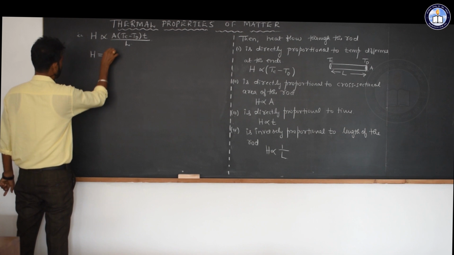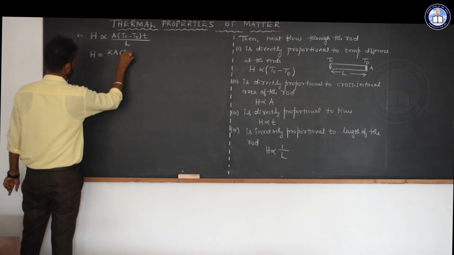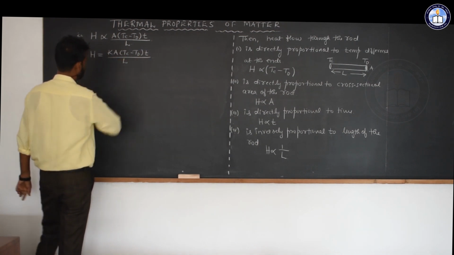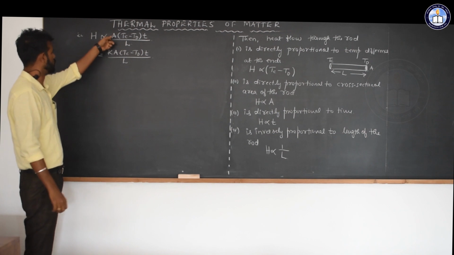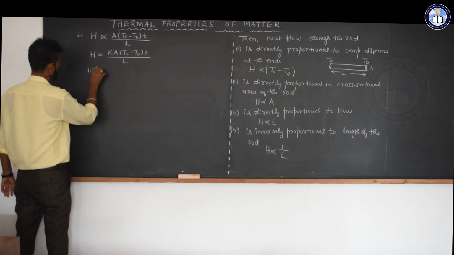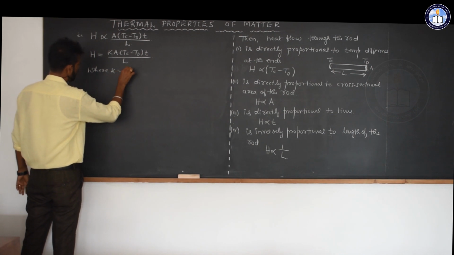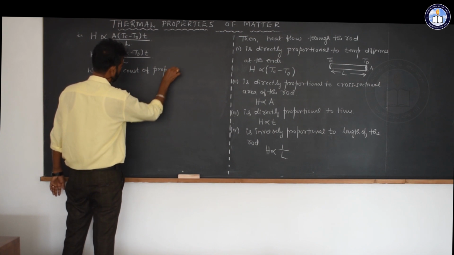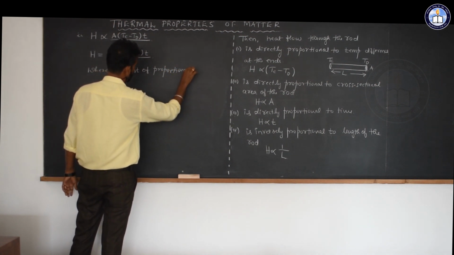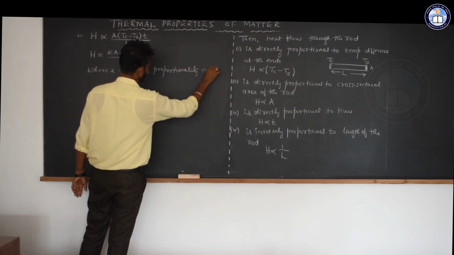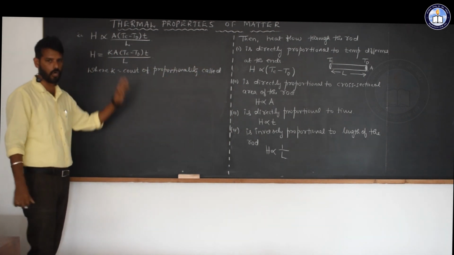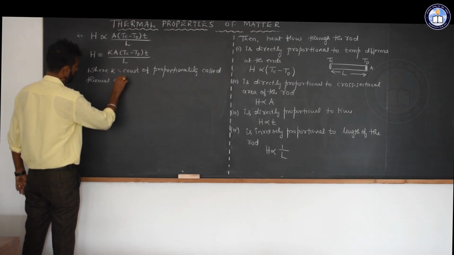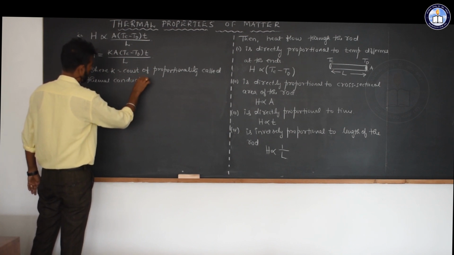H is equal to K A Tc minus Td into time T divided by length L, where K is a constant of proportionality called thermal conductivity.